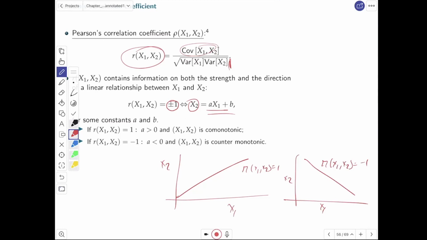So it means that, well, this is comonotonicity. x1, x2 are moving perfectly up and down together. This here is countermonotonicity. If x1 goes up, x2 will always go down. Okay, so that's how we can relate the correlation with our extreme dependence structures.